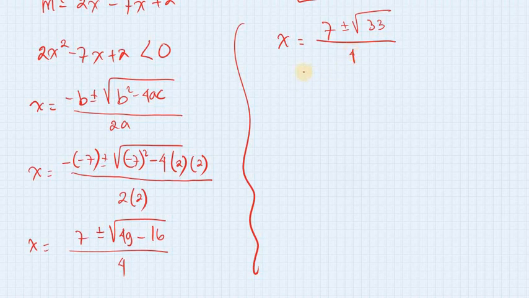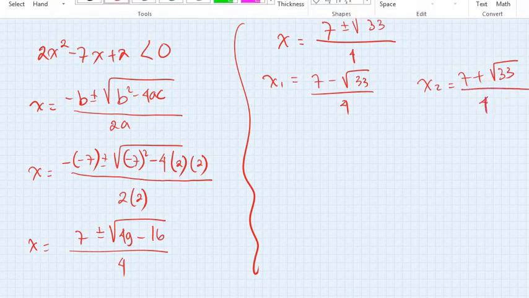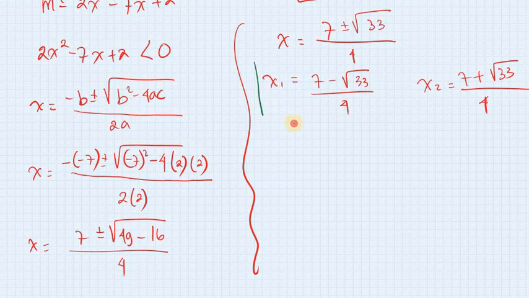So we will have x1 equals the negative part, 7 minus square root of 33 over 4, and then x2 equals the positive part, 7 plus square root of 33 over 4. So we got these two answers. We got the values of x.